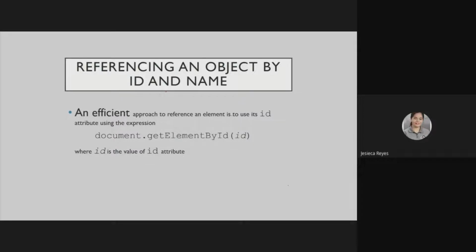An efficient approach to reference an element is to use its ID attribute using the expression document.getElementById. And this ID here that is placed inside the parentheses is the ID value specified in the ID attribute.